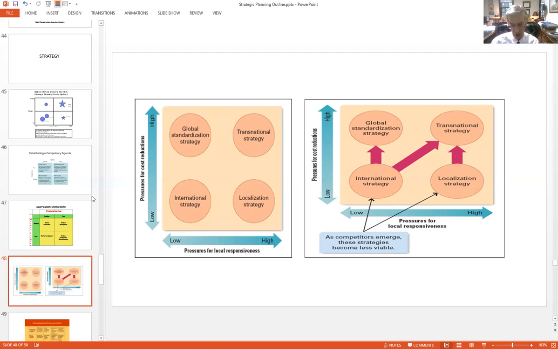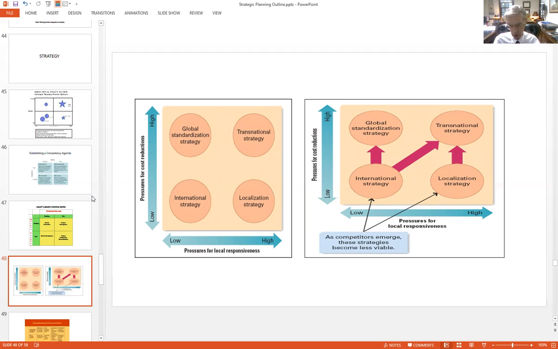The transnational strategy is a combination of local and standardized strategies. It recognizes that the business is often the same around the world in this industry, but that modifications need to be made in order to do business most effectively or be most appealing to consumers.